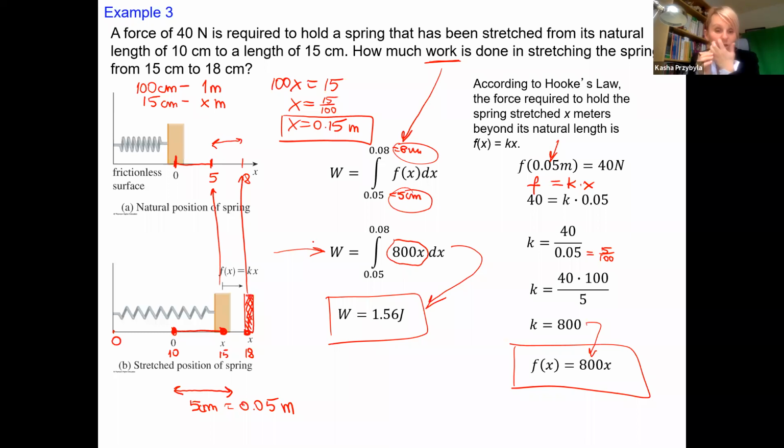Okay, just to know, that means the 5 centimeters and the 8 centimeters. I want you to know this. This is centimeters. I don't want to say meters, centimeters. Okay, and when you know how to integrate, we can even integrate, but the units are in meters.